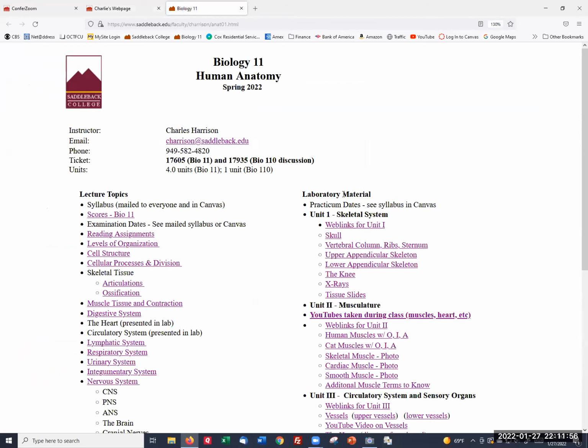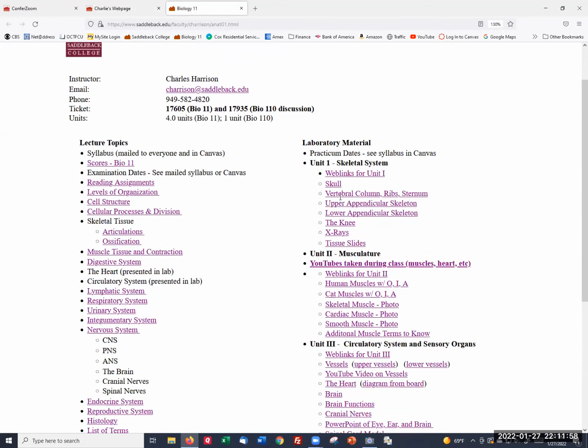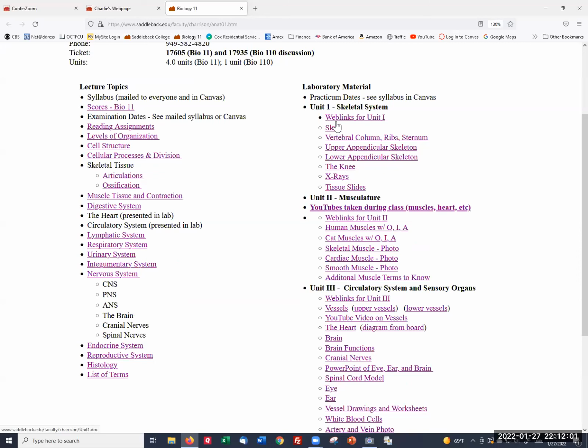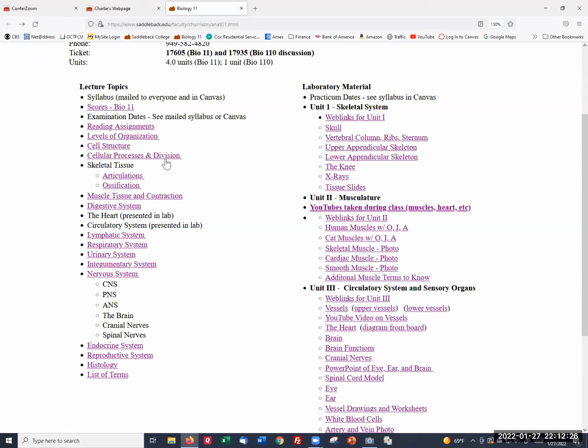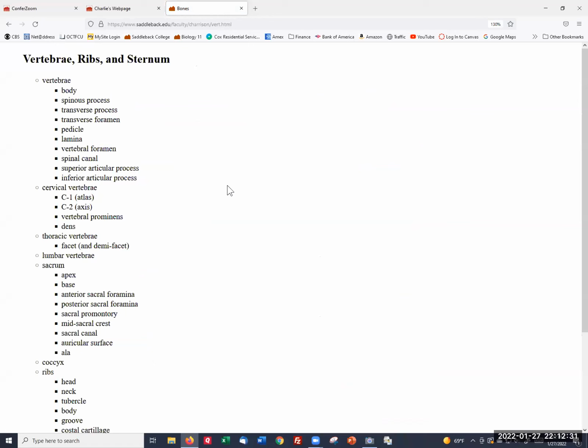If you look over here under laboratory material and you look at the bones, the skeletal system, you have the skull, vertebral column, upper and lower appendicular skeleton. And then you have the knee. And you also have x-rays for a little bit later on. You can open any of these or all of these and get just plain lists with no decorations, lists of material that is to be covered. These are all fair game for practicum 1.